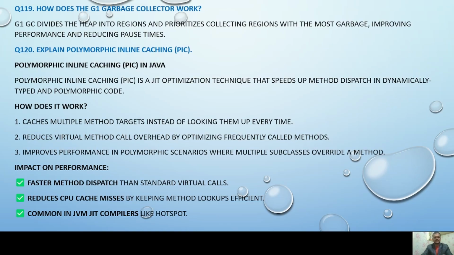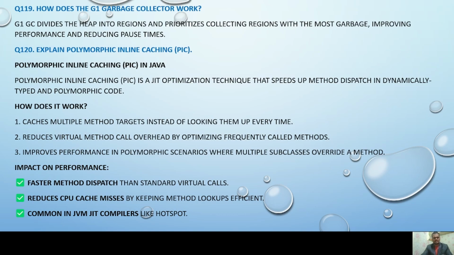How does it work? It caches multiple method targets instead of looking them up every time. Reduces virtual method call overhead by optimizing frequently called methods. Improves performance in polymorphic scenarios where multiple subclasses override a method.